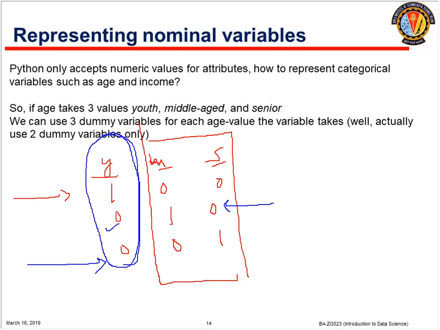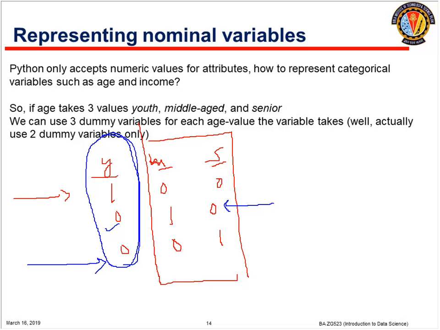Okay, so in practice you have to discard one of the dummy variables and use only 2 in this case. Or if there are say k different possibilities for any attribute and you want to convert that attribute into dummy variables, and that attribute can take k different values, then you need only k minus 1 dummy variables.